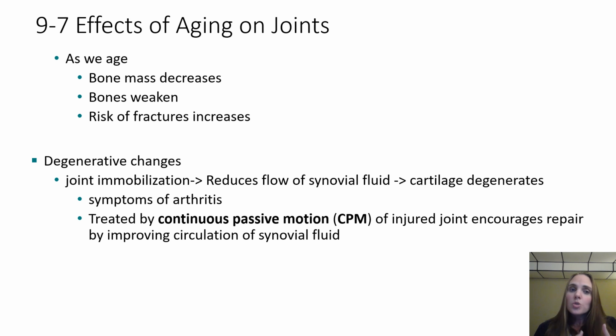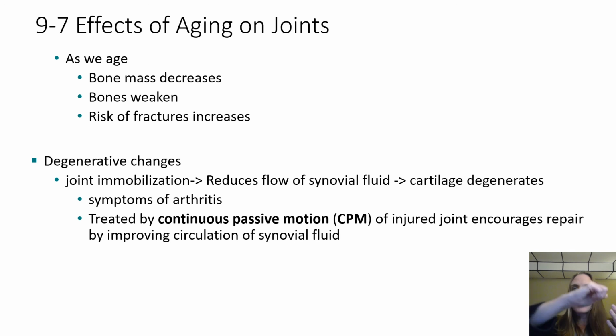This can be treated or tried to be prevented by continuous passive motion or passive range of motion exercises of an injured joint. And so that's something like where physical therapists use this. We don't say a joint or a limb is not strong enough to bear normal weight, but we want to keep that joint moving to keep that synovial fluid circulating.